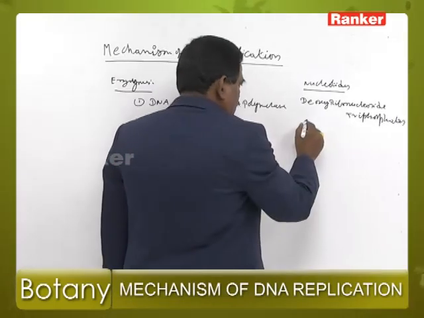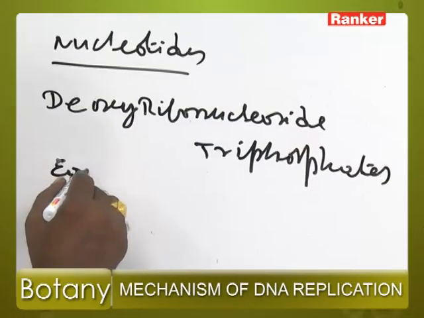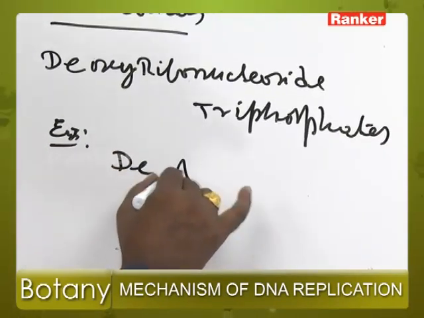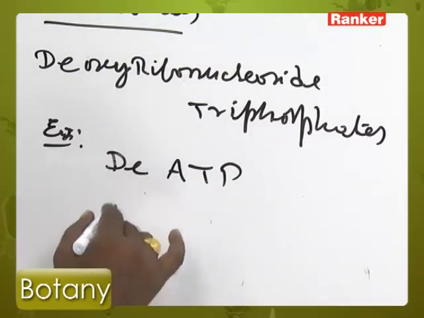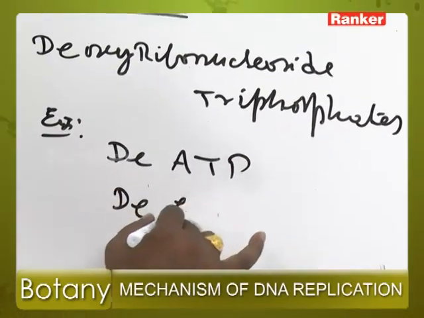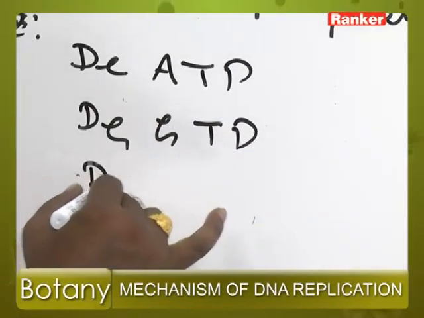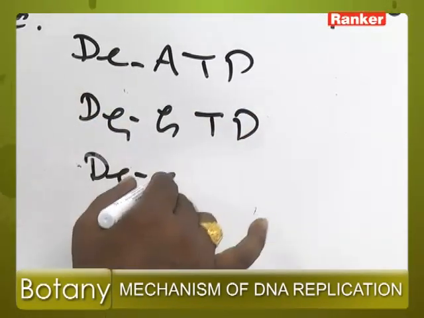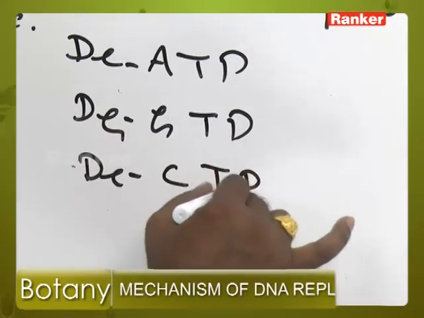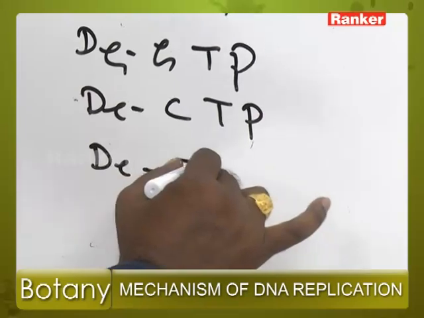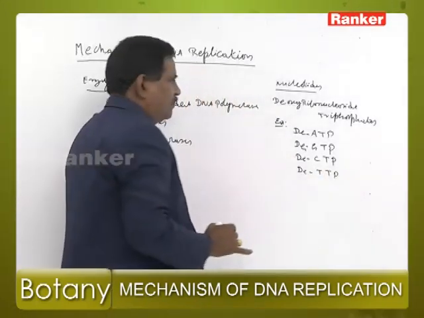What are those? Example: deoxyadenosine triphosphate, deoxyguanosine triphosphate, deoxycytidine triphosphate, deoxythymidine triphosphate.